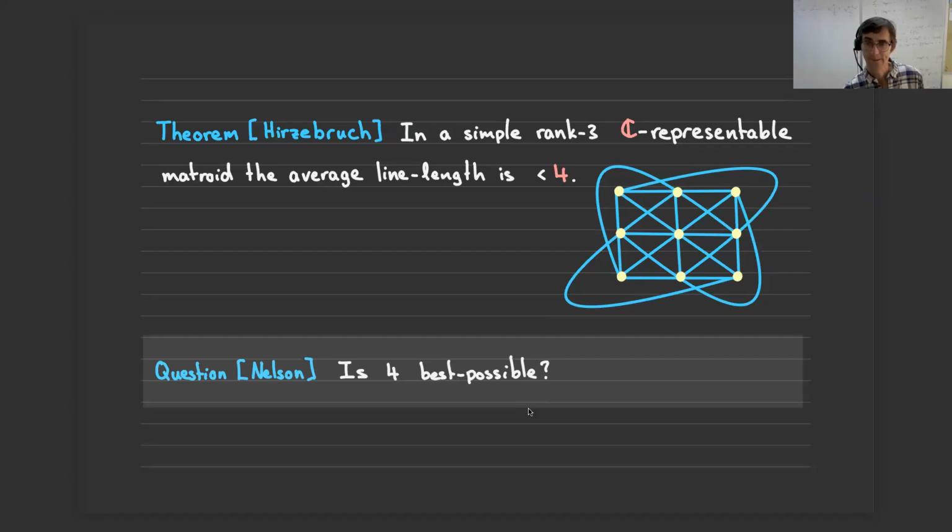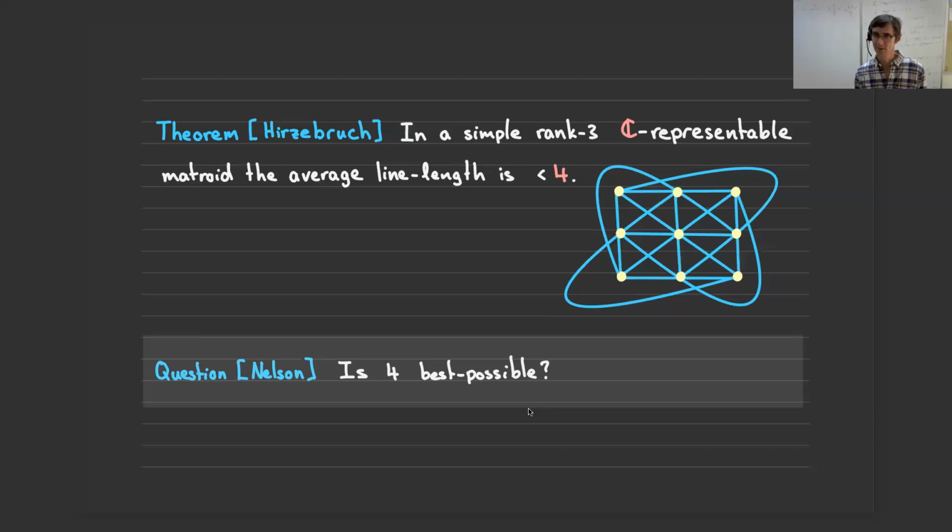It's a fairly intimidating question because this theorem of Hirzebruch was proved using machinery from algebraic geometry, and that machinery doesn't look like it can give you anything better than 4.